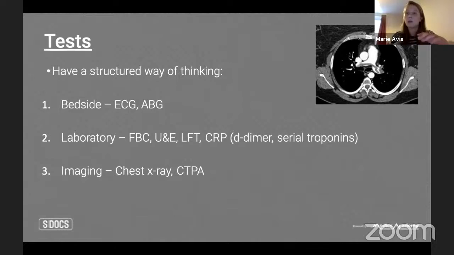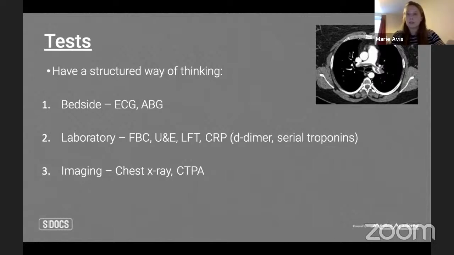So a D-dimer might be useful. Generally, a D-dimer is more useful for ruling out a PE. If you say to a consultant, I'm going to use a D-dimer to rule in a PE, they will not like you very much. It has a high negative predictive value, but not a good positive one. And then some serial troponins. Obviously, if they're raised, you're thinking more of a cardiac cause.